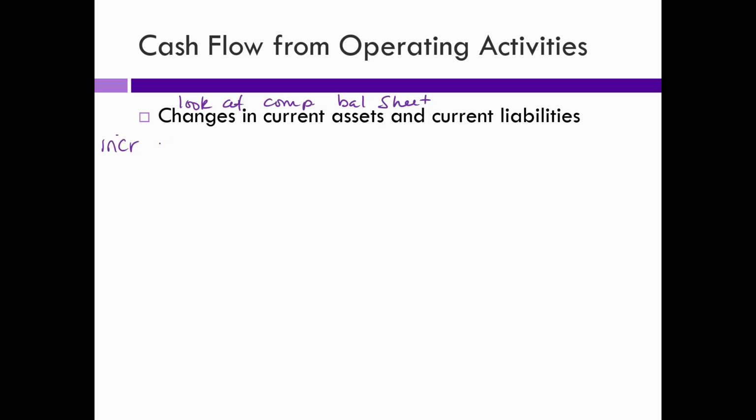If there is an increase in the balance of a current asset, that means there is a decrease in cash. I think it's easiest to think of examples, like merchandise inventory. If the balance in merchandise inventory went up, that means you bought stuff, and so you had to pay cash to get it, so cash is going down.